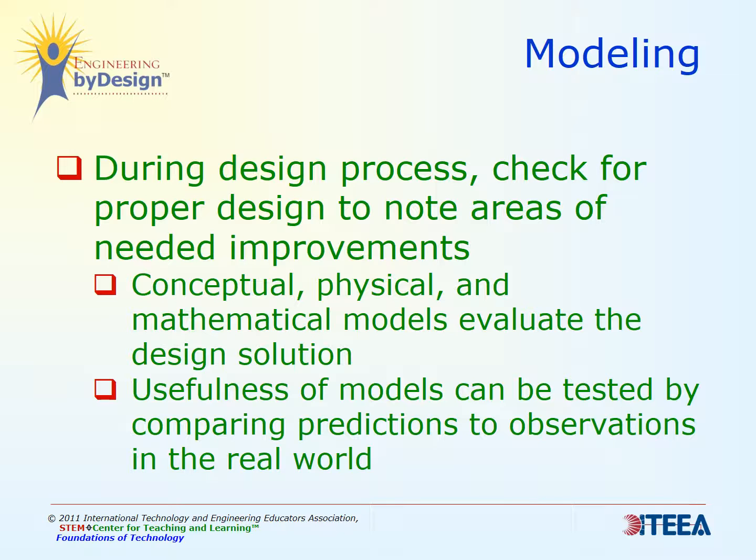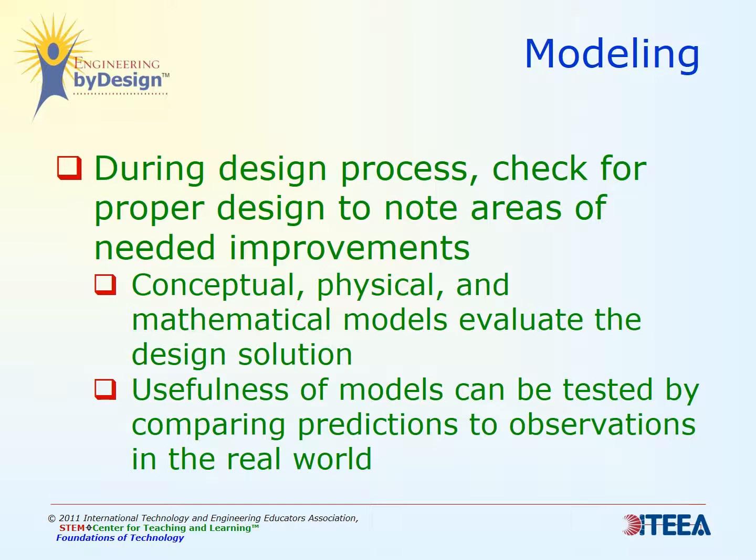So you're going to look at something conceptual, what you're thinking about, how would you design it, your physical design, and mathematical models such as for a bridge. There are some cases where you cannot have a physical model because of the size of the project, and that's when you do a mathematical model.